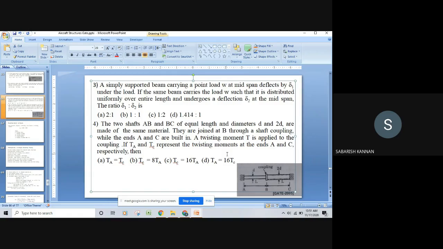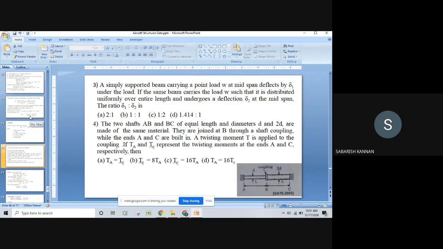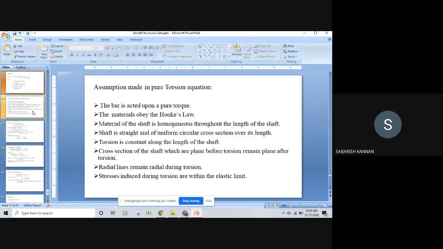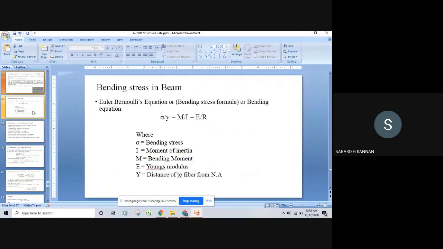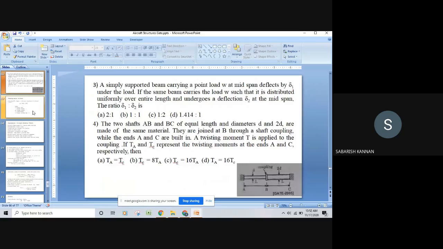We have a basic torsion equation, that is T divided by J equal to G theta divided by L equal to tau divided by R. This is our basic torsion equation, right? From that we find out the torsion value, TA or TC, like that.